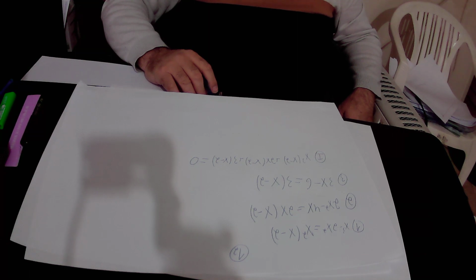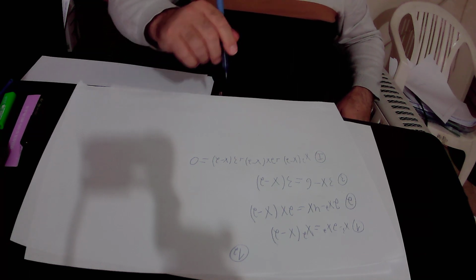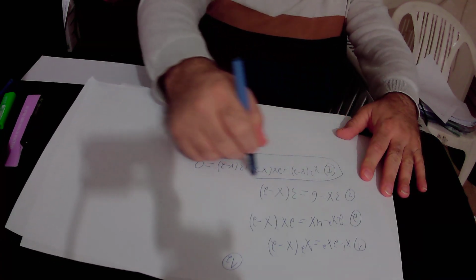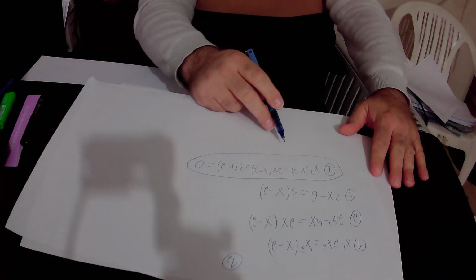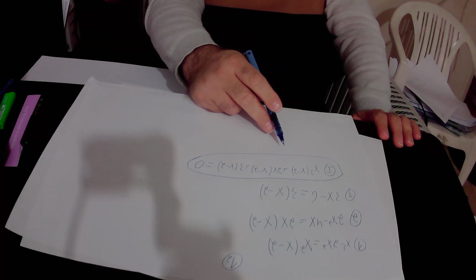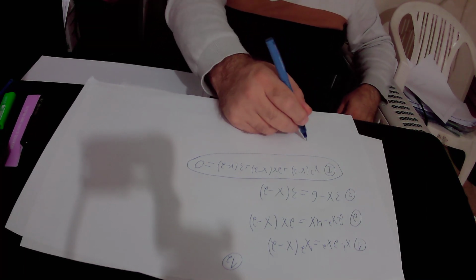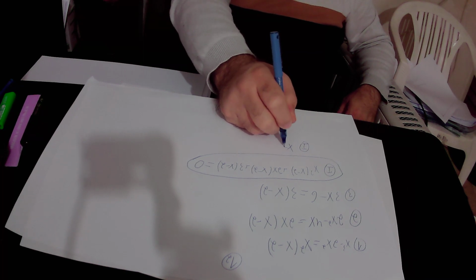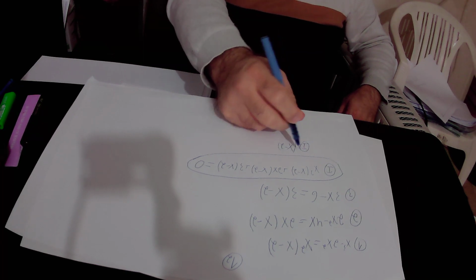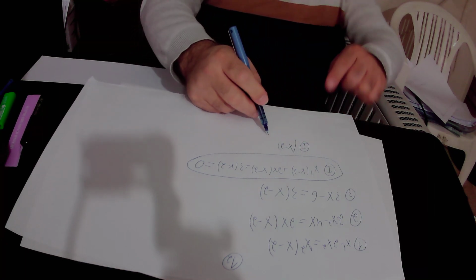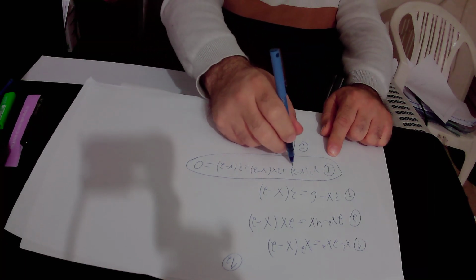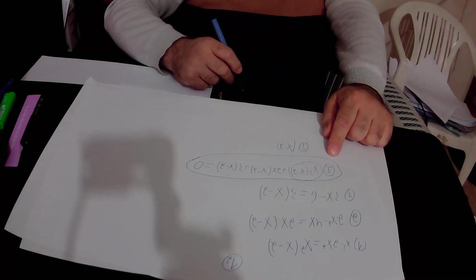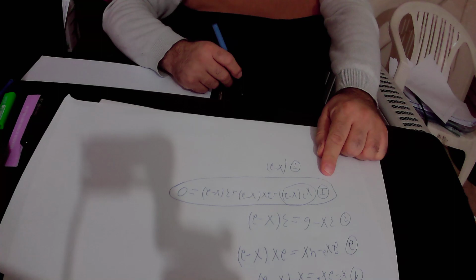So here we will take a common factor of x minus 2 from this equation number 2, and we will get: x minus 2 is a common factor of this expression. So what is left from this expression after we took x minus 2 as the common factor from it?